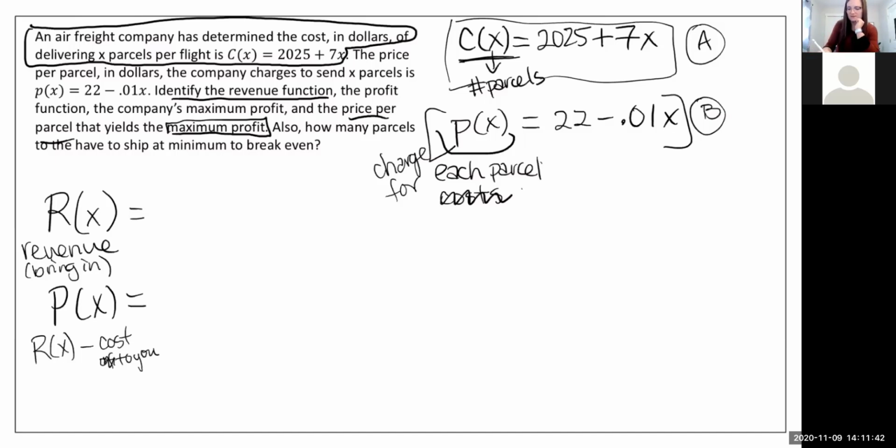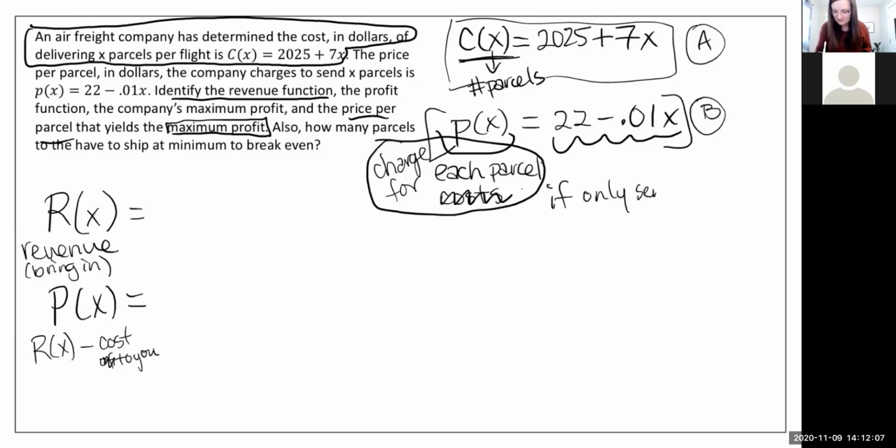But revenue, so if each parcel, they charge this much money for each parcel, say they have 20 parcels, they're going to have to charge 22 minus 0.01 times 20 per parcel. So if they only send 20 parcels in total, if that's all their volume, they're going to have to charge this much per parcel.